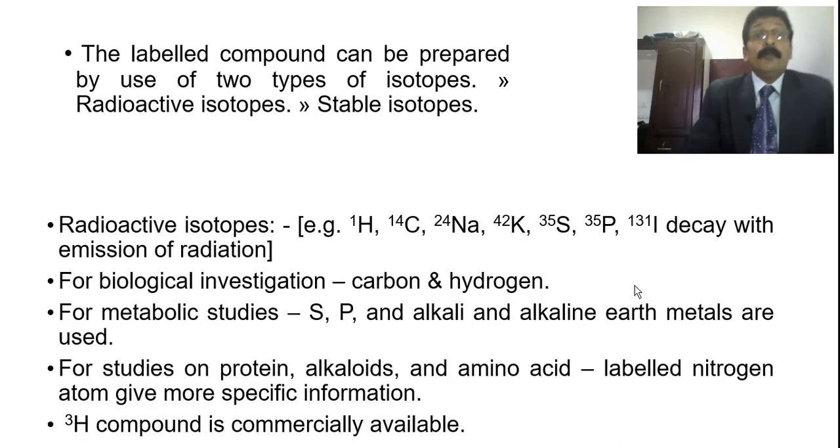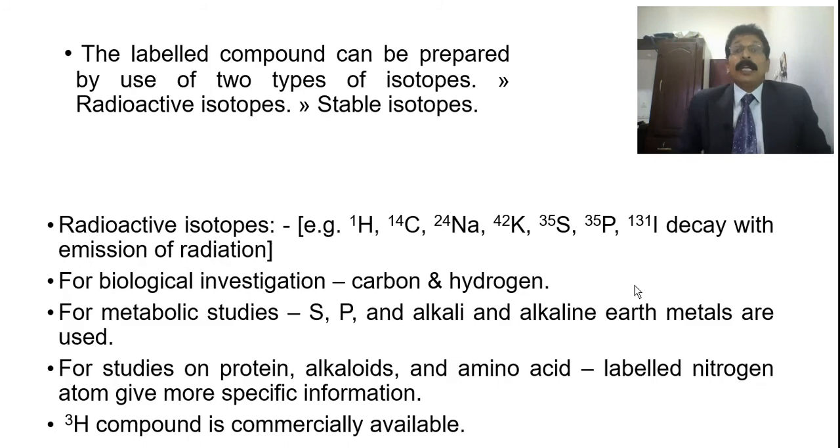So anyhow, we can see now the labeled compound can be prepared by use of two types of isotopes, radioactive isotopes and stable isotopes. Radioactive isotopes, for example hydrogen 3, carbon 14, sodium 24, potassium 42, sulfur 35, phosphorus 32, iodine 131, decay with emission of radiation.